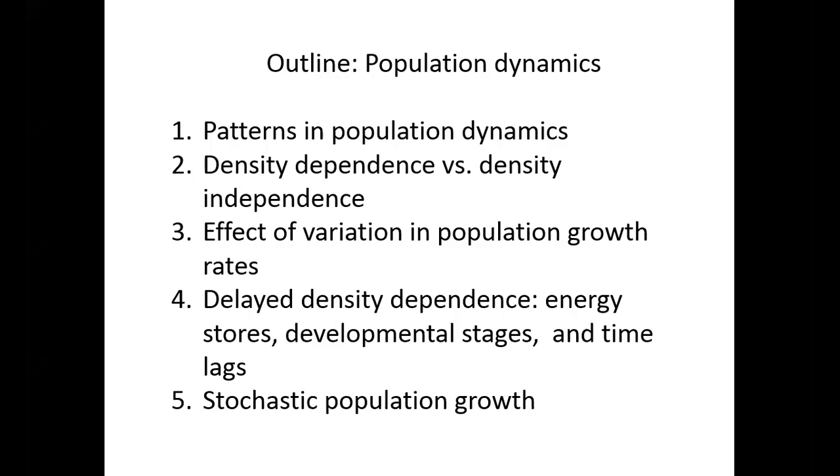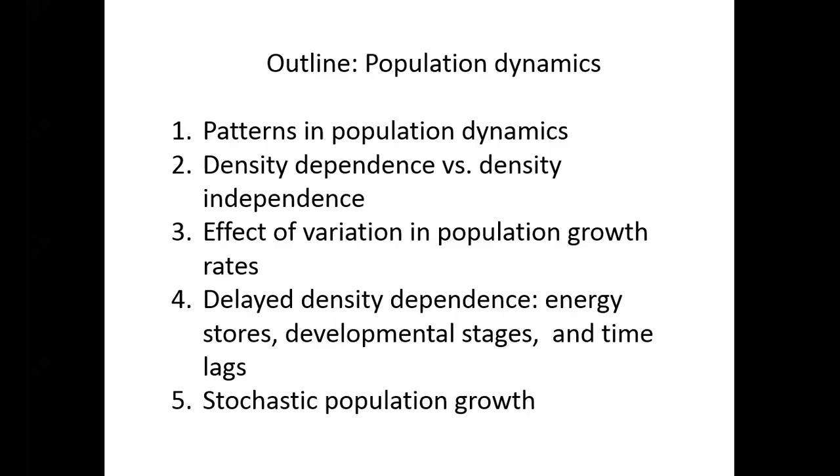We've established that populations have growth rates, that they are either geometric or exponential, that they don't grow indefinitely, that they will level off at a level that's set by the available resources in the environment, and that's the carrying capacity, or K. And today we're going to talk about when populations are either stable or unstable around their carrying capacity, and try to enumerate some of the reasons why you see populations either pretty close to their carrying capacities most of the time, or far away from their carrying capacities a lot and fluctuating around something that you could approximately say was a carrying capacity, but which the population is usually not at.